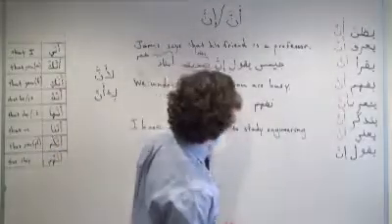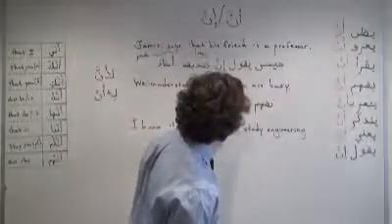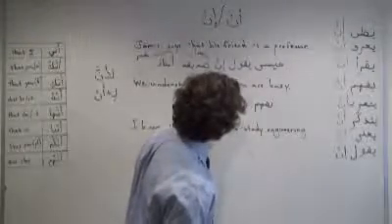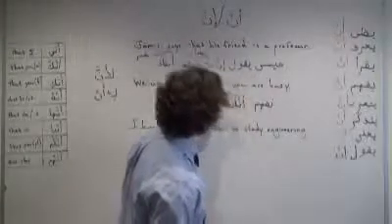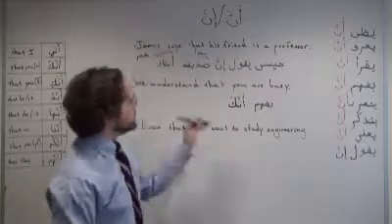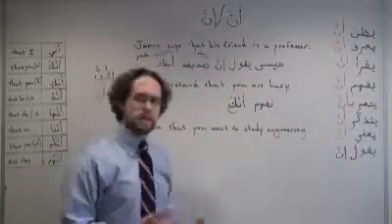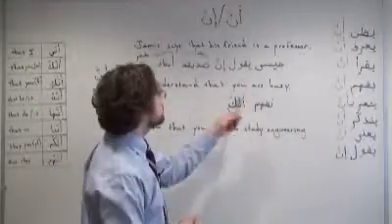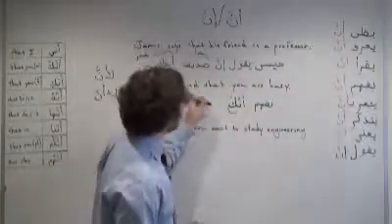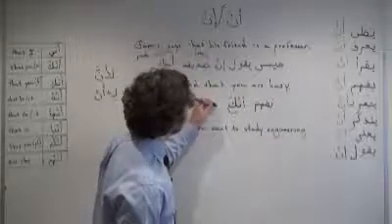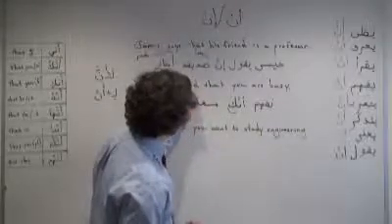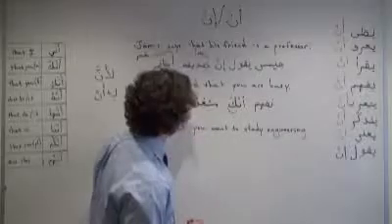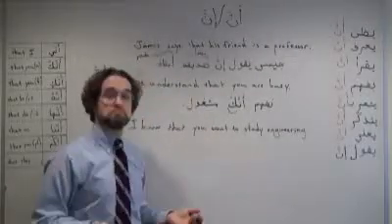So we start with our anna, and then we need to attach that pronoun, which is going to be annaka. So now this ka is functioning as the mubtada, right? The subject of our jumla ismiya, our nominative sentence. So then we just need our khabar, which would be mashghul, busy. Nafham annaka mashghul.